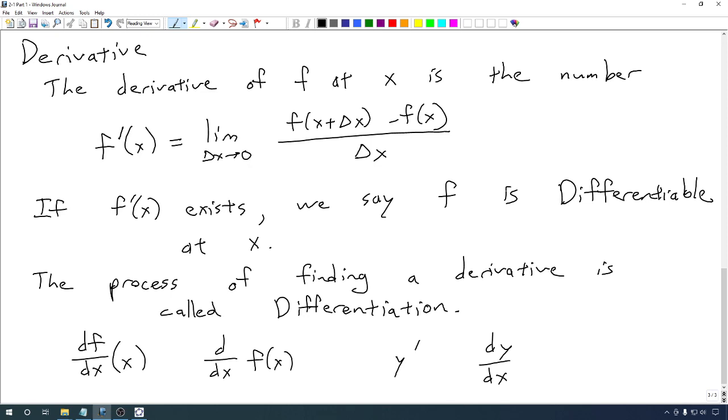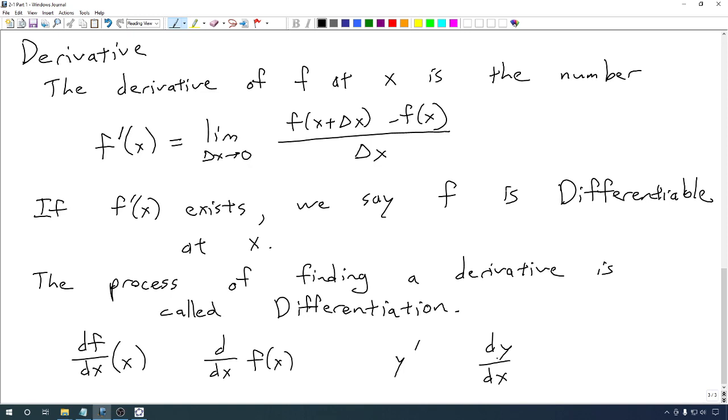But just be aware right now that while some of these look like fractions, they are not fractions. They are a limit of a fraction. That's what our difference quotient here is. So we have a fraction here, we take the limit, and because we are taking the limit of a fraction, we use this notation that looks like a fraction to say that's where it came from.